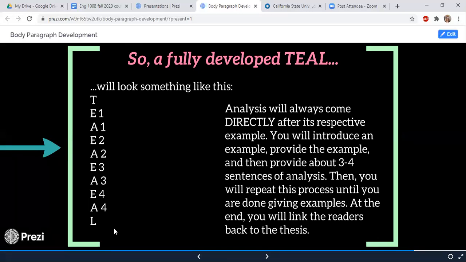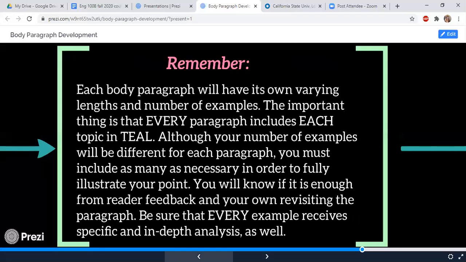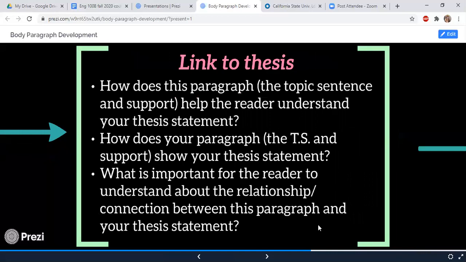Okay? So I just wanted to clarify that before we talk about the link to thesis, that the example and analysis should be completely developed before you do this. So the link to thesis is at the very end of the body paragraph. Okay? So questions to keep in mind with this are, how does this paragraph as a whole, right, so including the topic sentence and the support you've just developed, how does it help the reader understand your thesis statement?